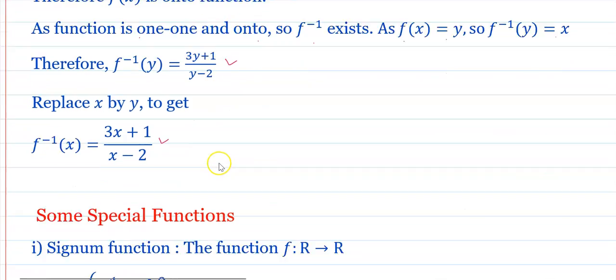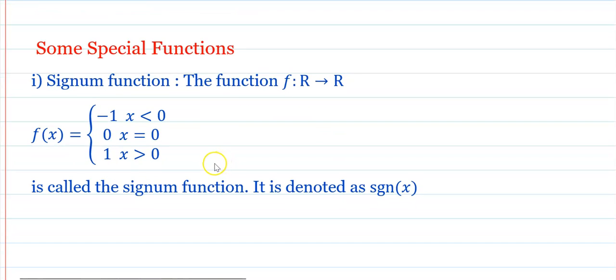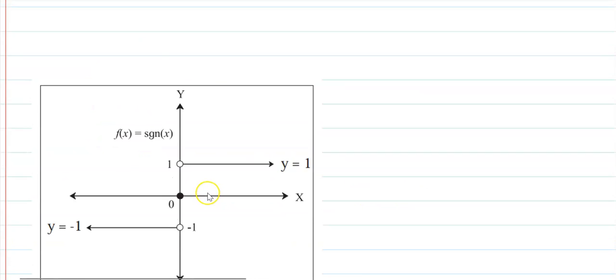Okay. Now the next, some special functions. That is the signum function. The function f is defined from R to R. F of x is equal to minus 1 if x is negative, equal to 0 when x is 0, equal to 1 when x is positive, is called the signum function, and it is denoted by sgn of x in this way.